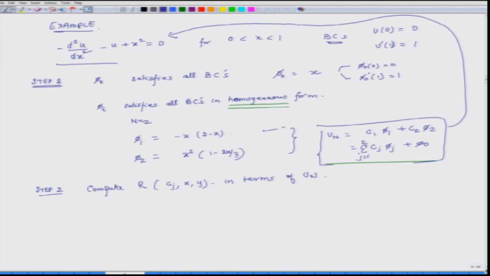In this differential equation we plug in and we get the value of R. Okay.